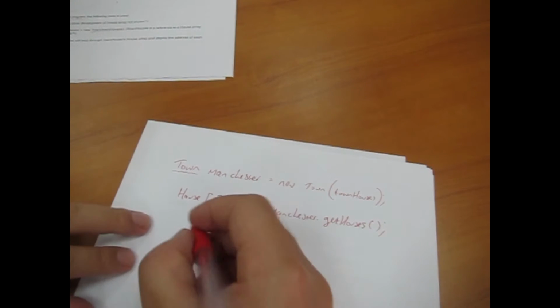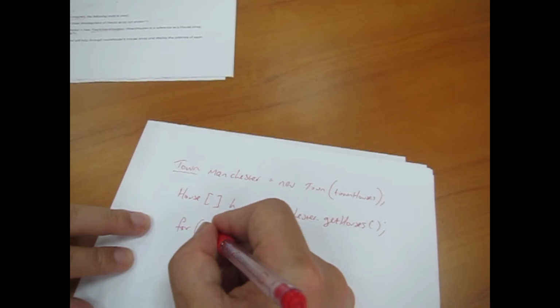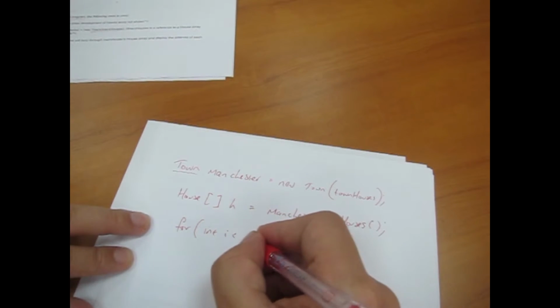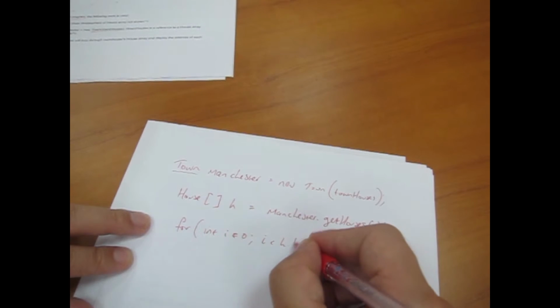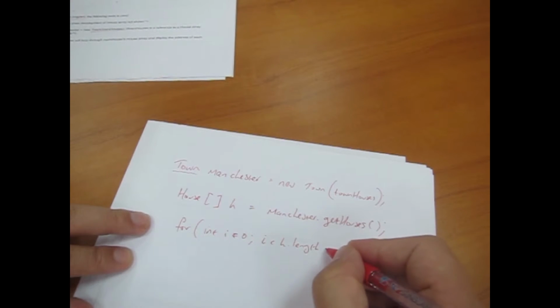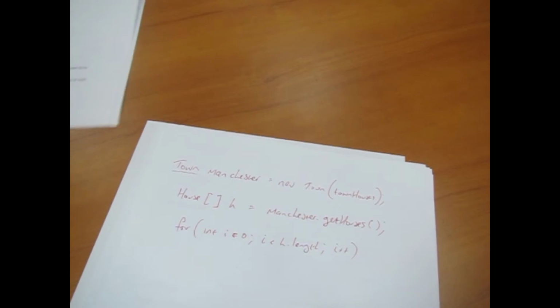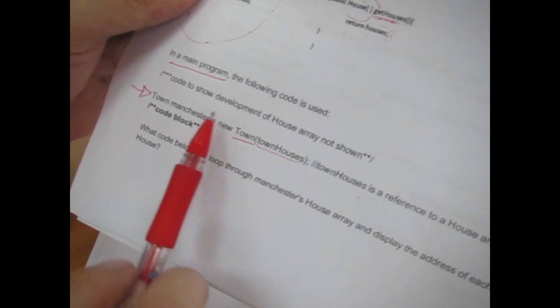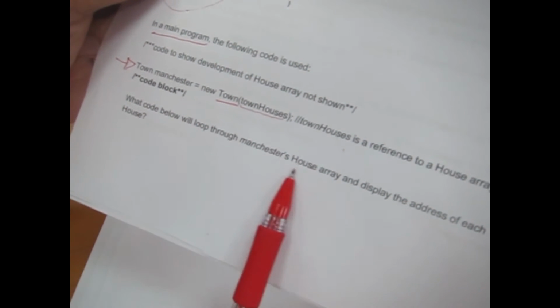And I can now loop through that array: for int i = 0; i less than h.length; i++. And let's just refresh ourselves on the problem. Write code. What code will loop through Manchester's house array and display the address of each house?